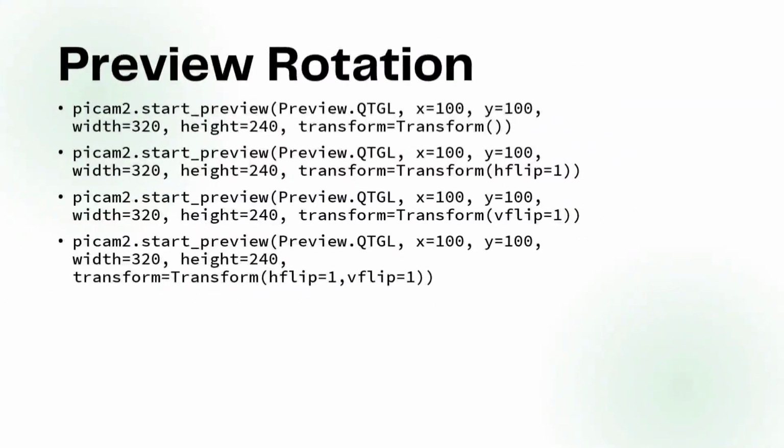Now you saw that the preview window was reduced to the size 320 by 240 as specified, and the transforms worked. But the captured image resolution is still 640 by 480. How to change the resolution of the snapshot or the recorded video?